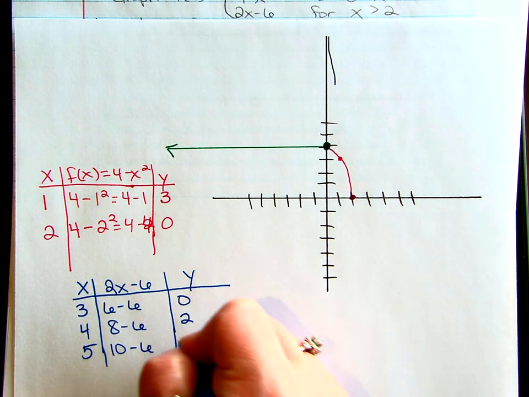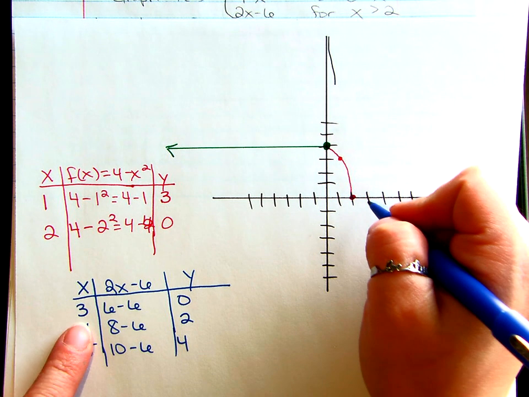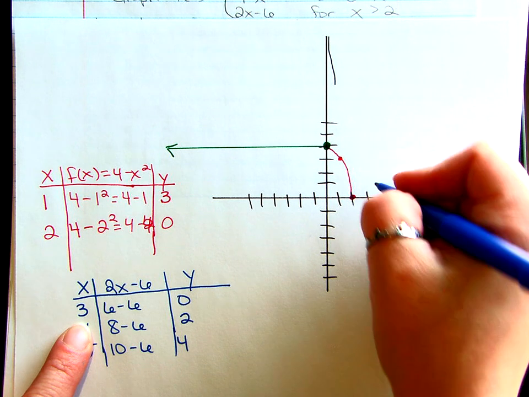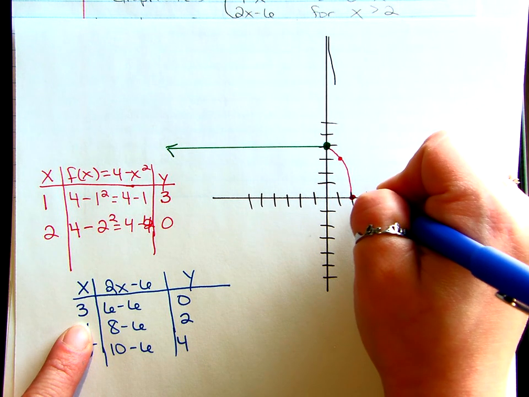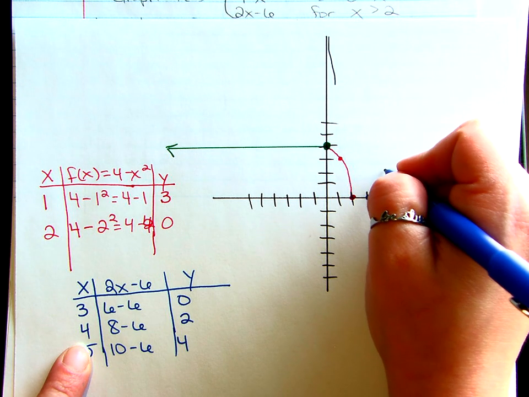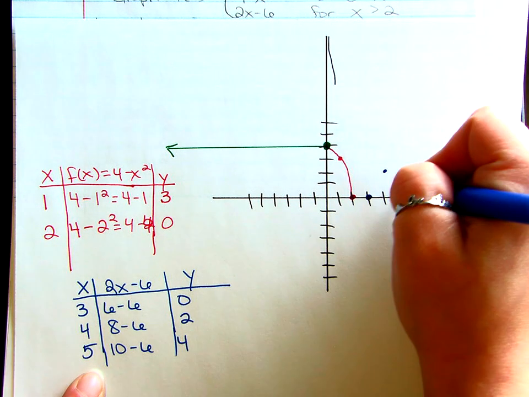So when x is 3, we are at y is 0. 4, we are at 2. And 5, we are at 4. 1, 2, 3, 4. Is that right? That looks a little weird.